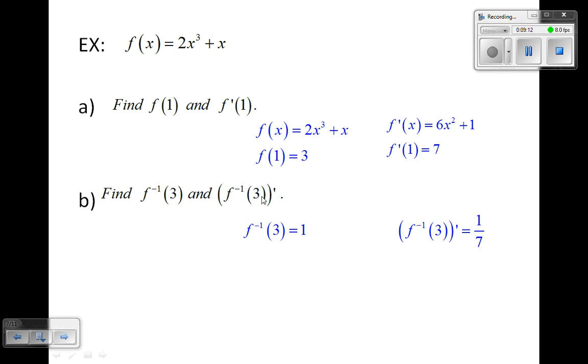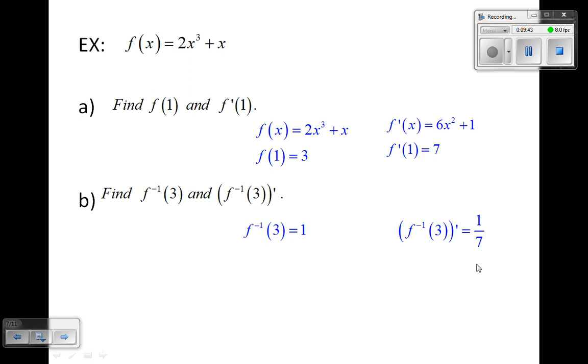Over here, this is the slope of f inverse at 3. Well, if you think back to what we said before about delta y over delta x, x and y trading places, you really get the reciprocal of the slope. So here, I already figured out at the point (1,3) on the f function, my slope was 7. So at the mirror image of that point, which would be (3,1), the slope will be the reciprocal, 1 over 7.